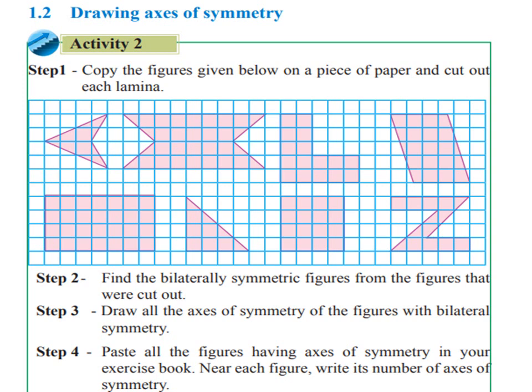And as step 4, you should paste all these pictures in your exercise book and write how many axes of symmetry each figure has near it. I think that you understand it. So let's go to our next slide.